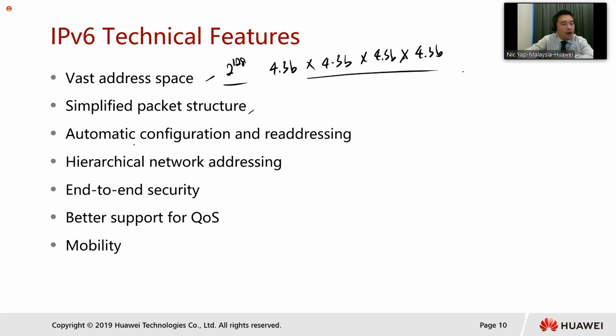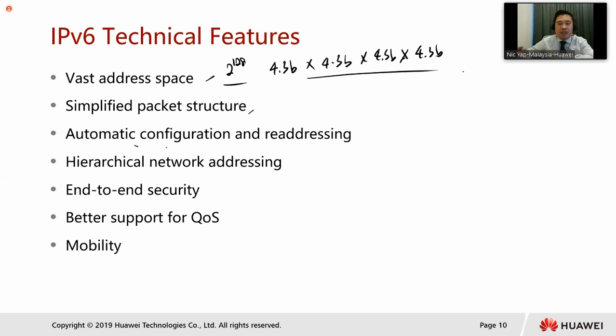And they support automatic configuration and readdressing. They support automatic address configuration to allow the host to automatically discover the network and obtain the IPv6 address by itself. So they have two methods.